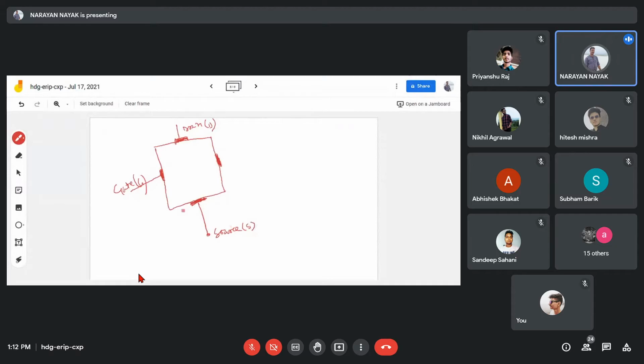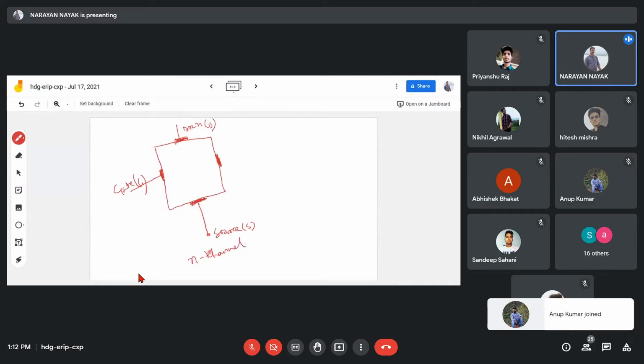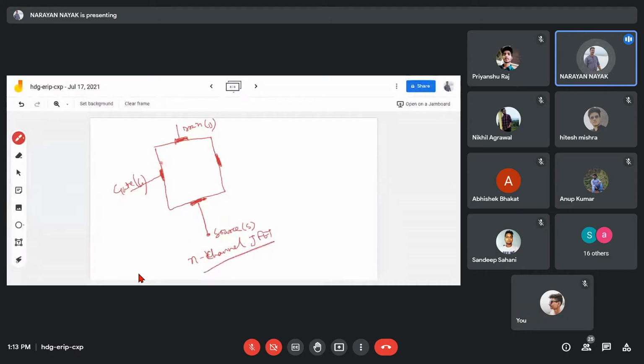It is mentioned as S. Okay. So I think this is your N-channel JFET. In the N-channel JFET, this is your P material and these are the depletion regions.